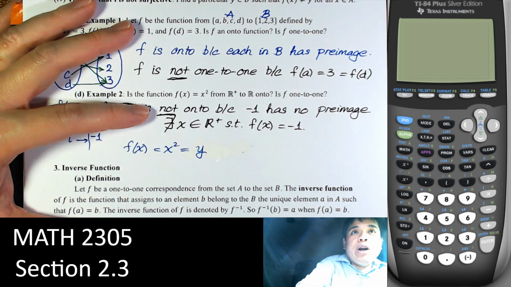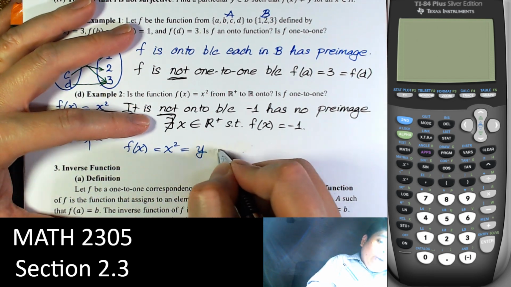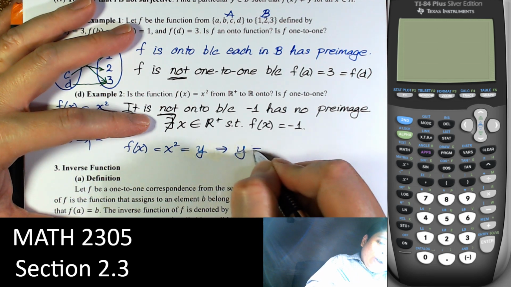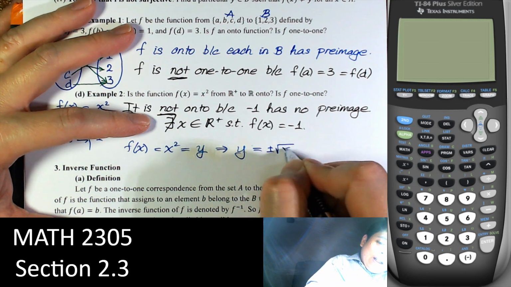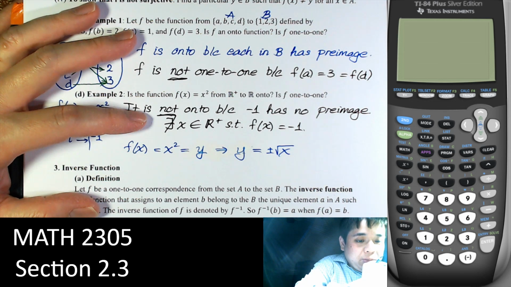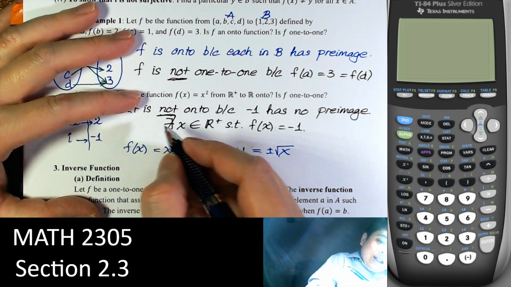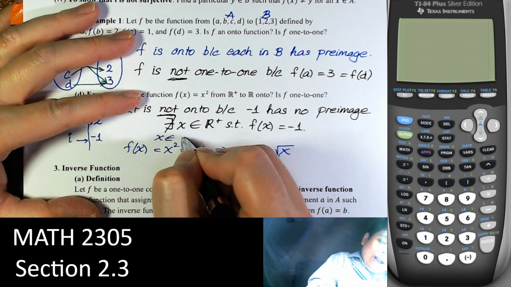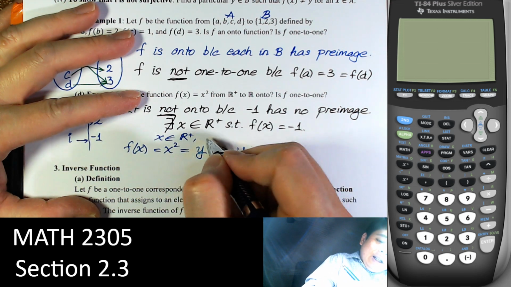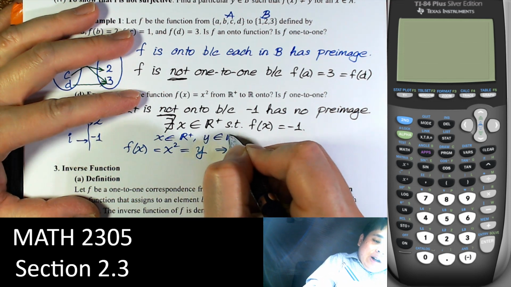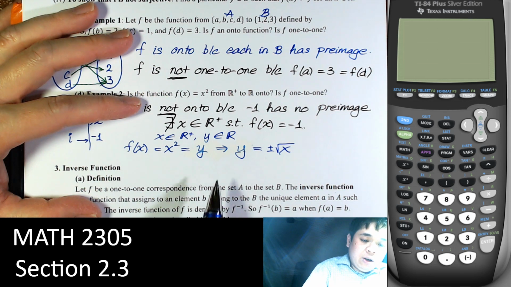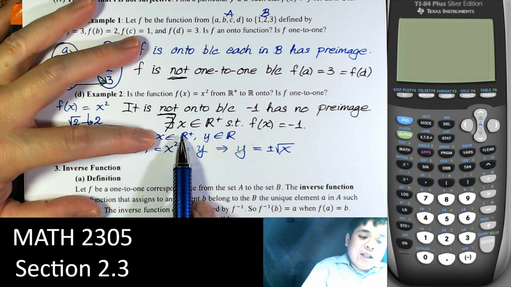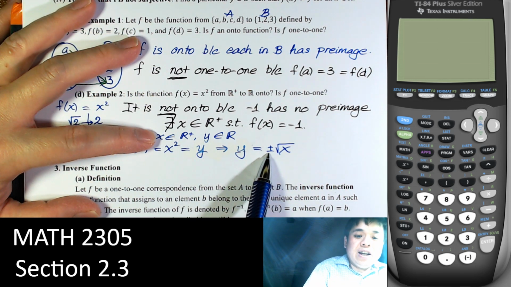So we have x squared equal to y. Of course, if we want to solve for y, y can be equal to plus or minus square root of x. Now, this time, x is in R plus and y is in R. Notice that x is in R plus, so we cannot have the negative.